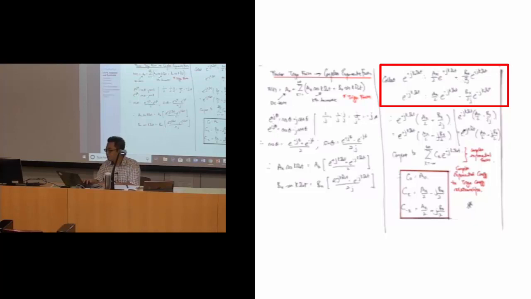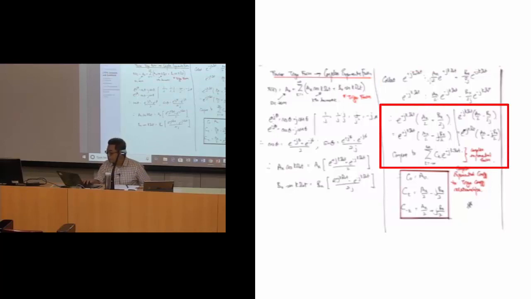We can reduce this form further, and we will group these terms together and identify that the ck's are this expression, c positive k is this expression, c negative k is this expression, and we arrive at the complex exponential form.